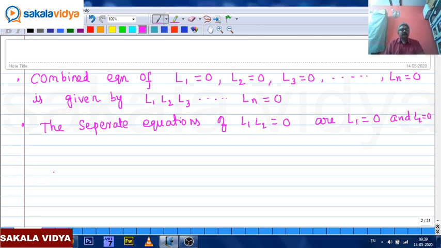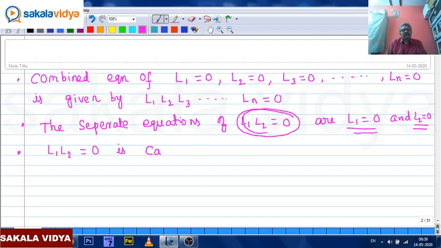So understood now? So now the important point, we know that if L1 is equal to 0 and L2 is equal to 0 are two separate lines, then this is called combined equation. This combined equation L1 into L2 is equal to 0 is called a pair of straight lines, because it represents two straight lines.